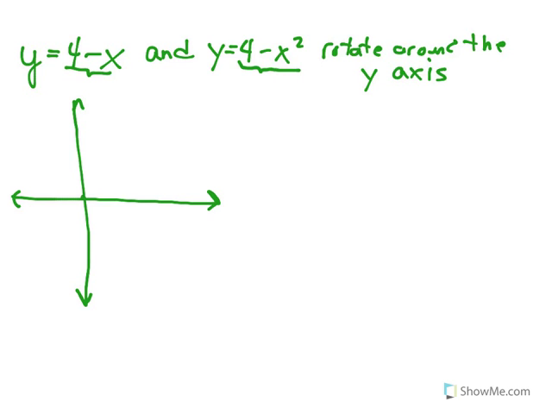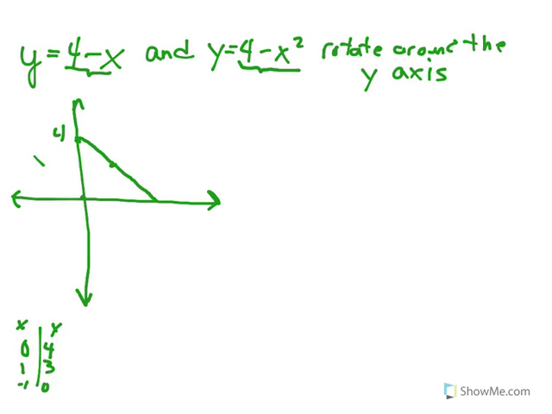When x is 0 for the line, y equals 4. And how about when x is 1? When x is 1, y is 3. And I also like to look at when y is 0, what is x going to be? x is going to be 4. So the line's going to look something like that.